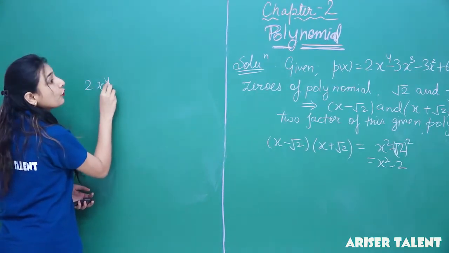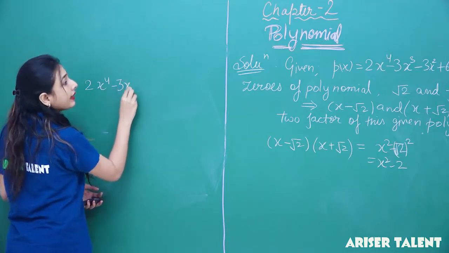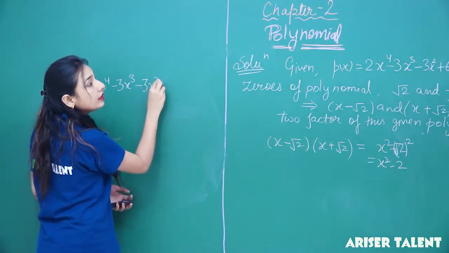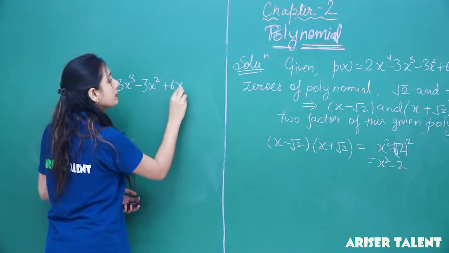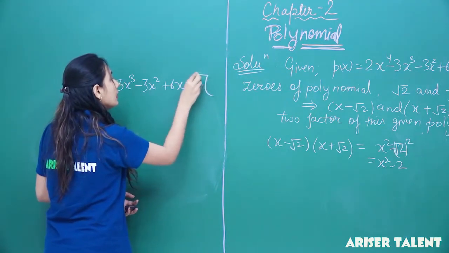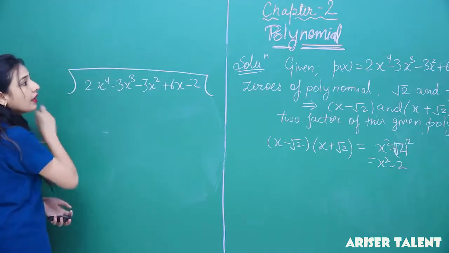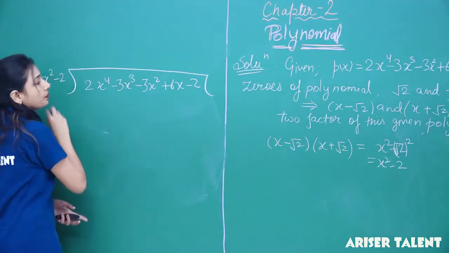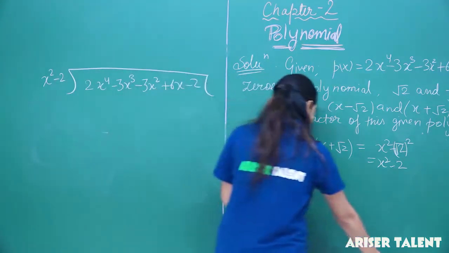2x to the power 4 minus 3x cube minus 3x square plus 6x minus 2. Let's divide it by x square minus 2. Okay.